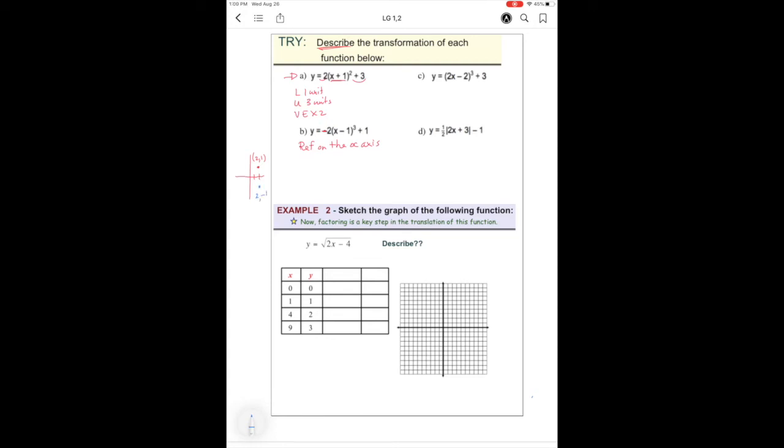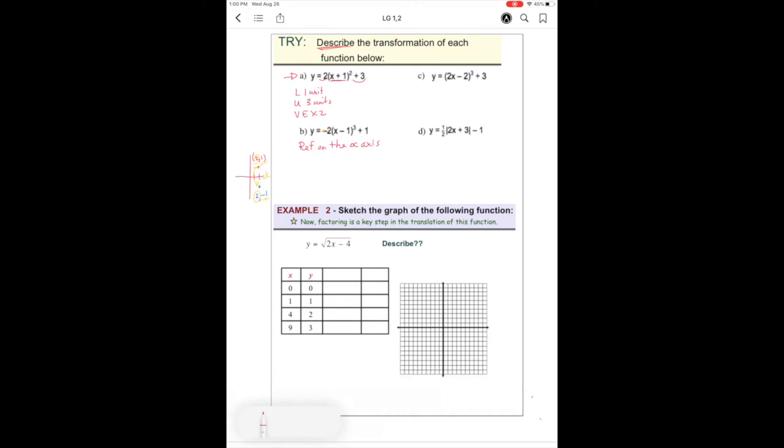All right, and so if you look at it and analyze it, you can see that the x's are not changing. The y's are changing. See these y's? And this is outside because it's affecting the y. So it's flipping over on the x-axis. That's how you can quickly do your reflections.